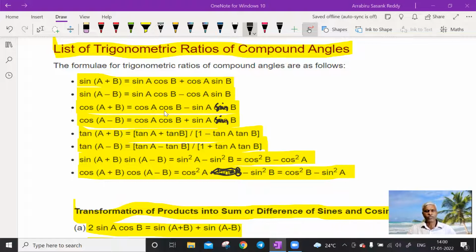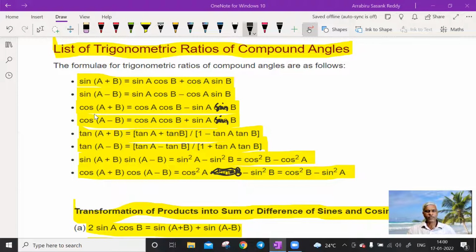And in sin, there are two terms, sin cos and sin cos. But for the cos formula, the first term is only cos A cos B and the second term is only sin A sin B. In sin, the first term contains both sin and cos, and the second term contains both sin and cos.